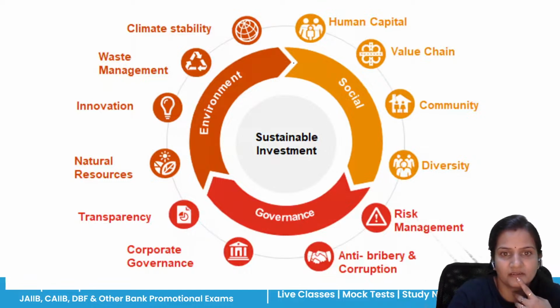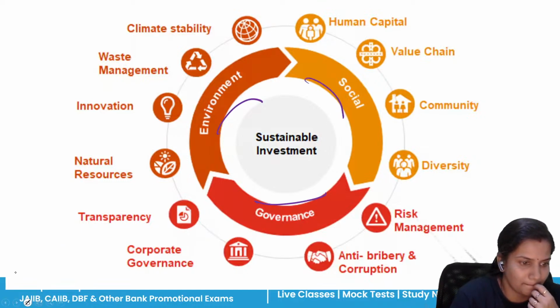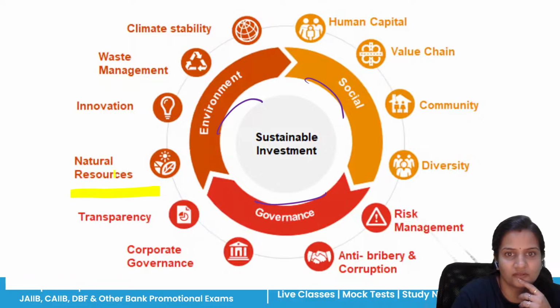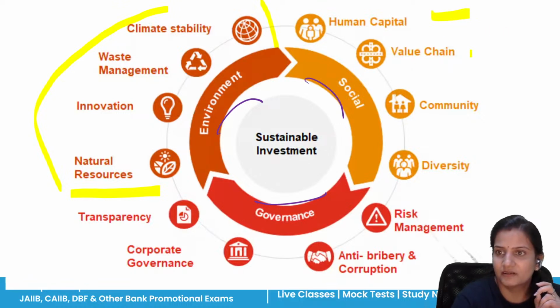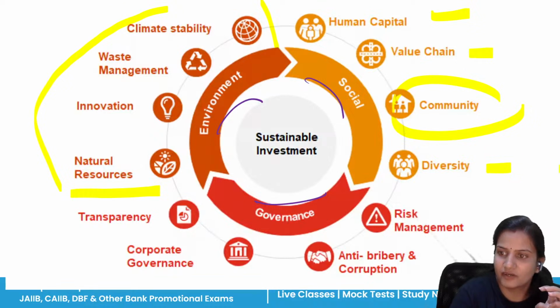So, sustainable finance and ESG. In environment, what does it include? From natural processes to climate sustainability. These are the parts of the environment. In social: human capital, value chain, community, the people, the diversity, different cultures, geographical areas.